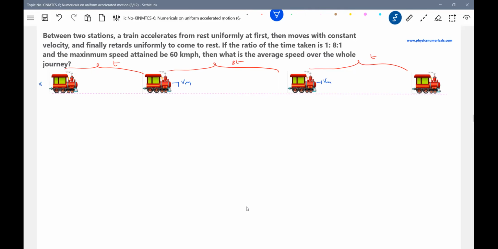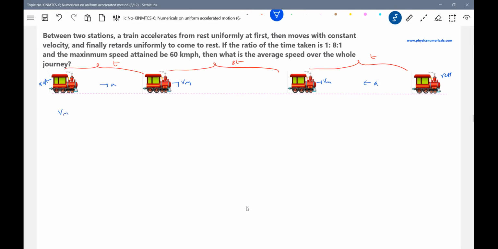And it was moving from rest to rest. Definitely I can say that the acceleration and retardation must be the same. Any reason for that? Look at that: the time interval for acceleration and the time interval for retardation is the same. So the acceleration and retardation have to be the same.